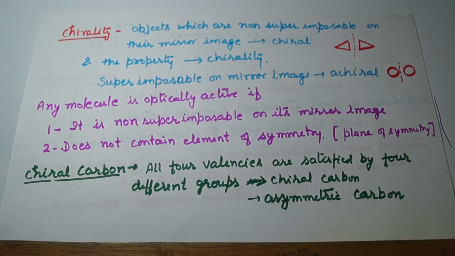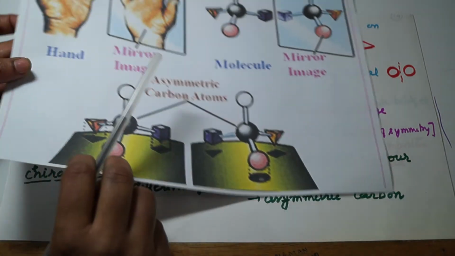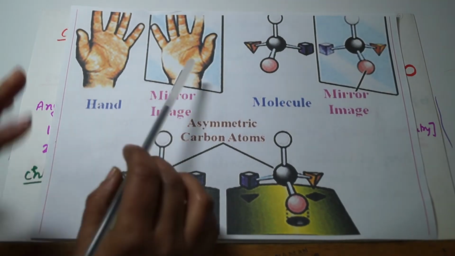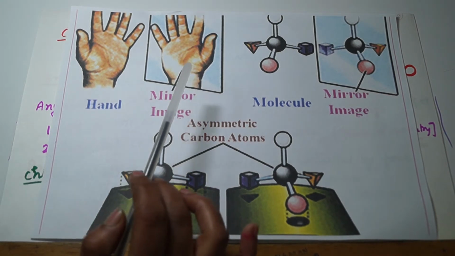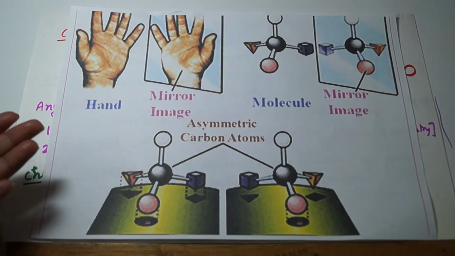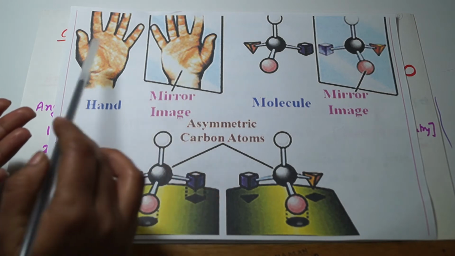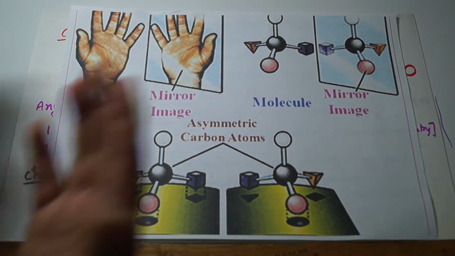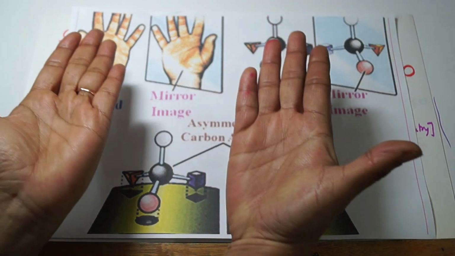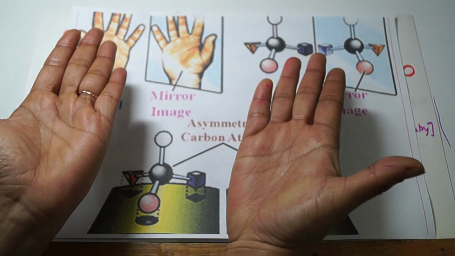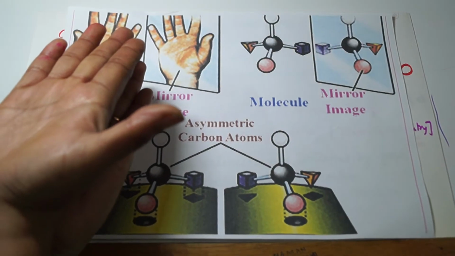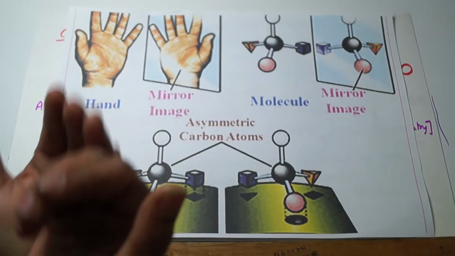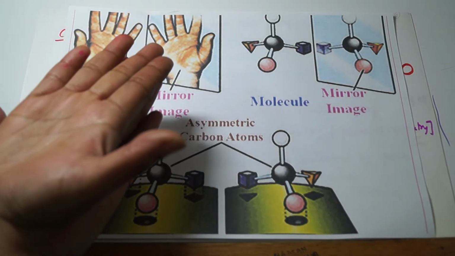I'll show you a picture: one hand and the mirror image of the hand. If you try to superimpose one hand on its mirror image, it will never superimpose. These are two hands looking like mirror images, and if I want to superimpose them, they will not superimpose. That means hands are chiral.